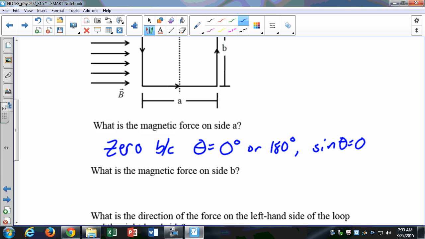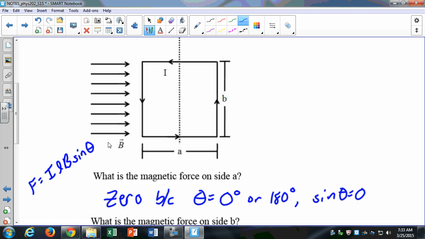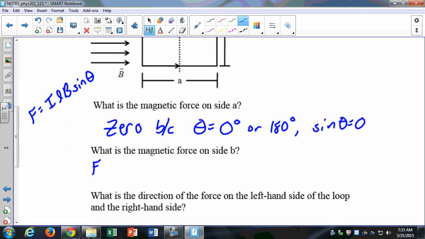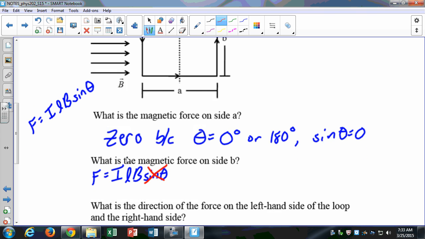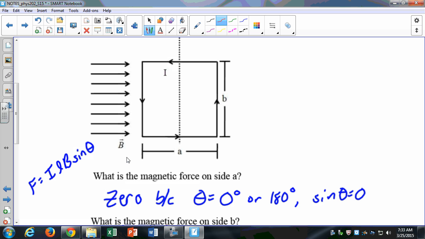Remembering that our force is ILB sine of theta. And then I can also find the magnetic force on side B. Now again, I know that this magnetic force is equal to ILB sine theta. In this case, our sine theta term goes away because it's 90 degrees, and the sine of 90 degrees is 0. And I can also find the directions on these.